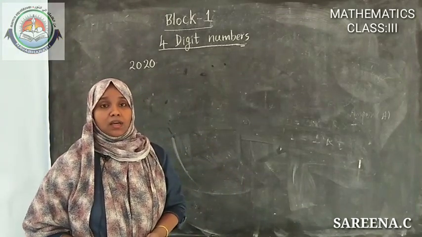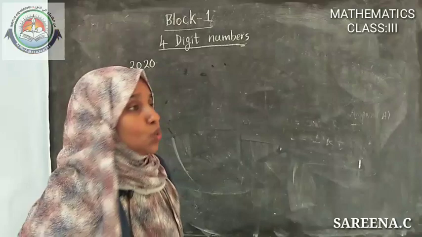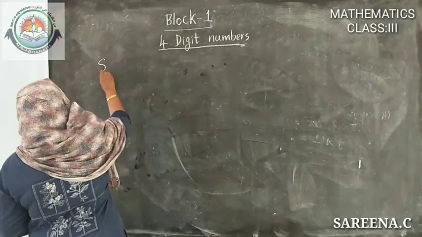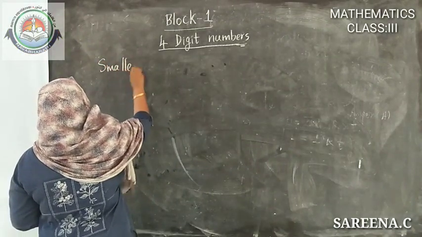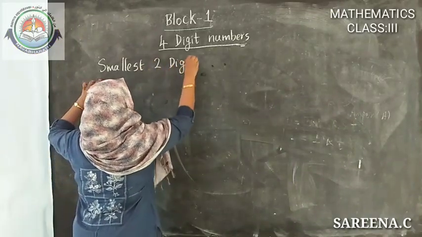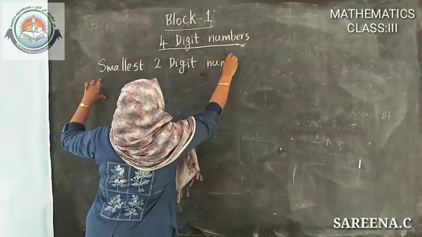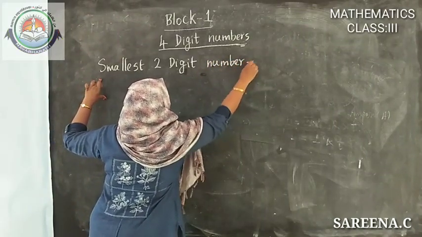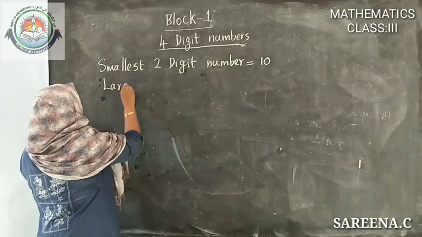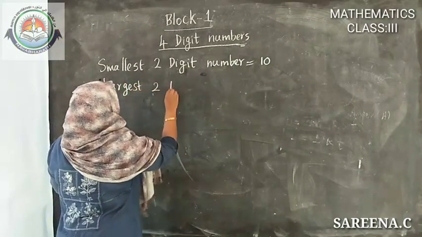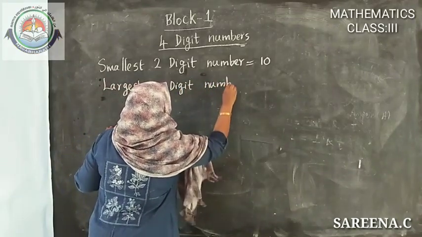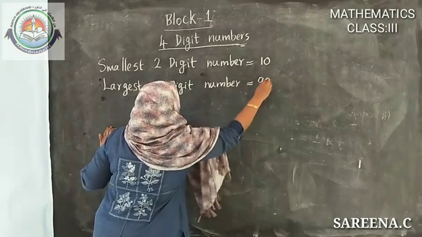And we know that the smallest 2-digit number is 10 and the largest 2-digit number is 99.